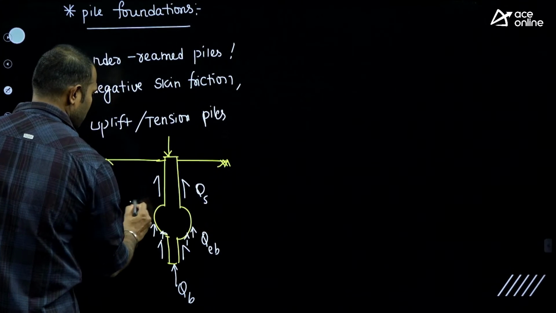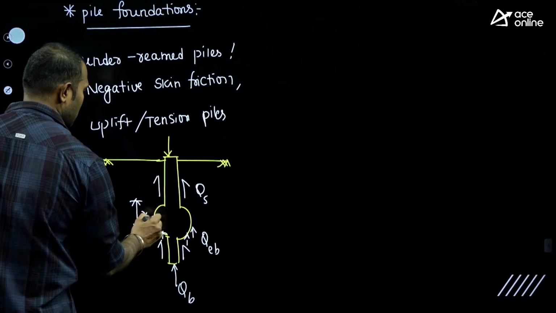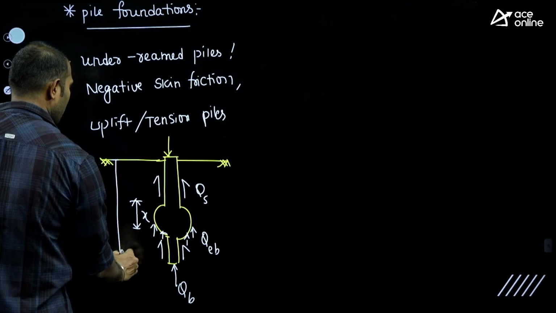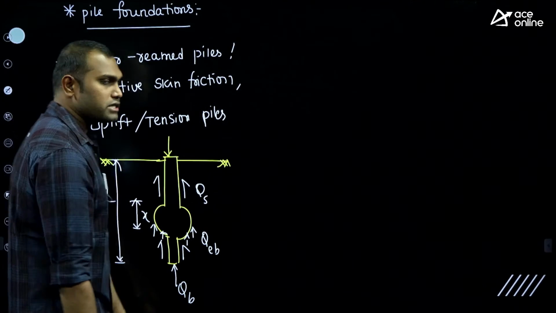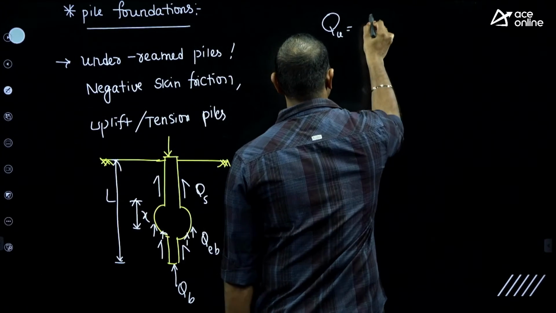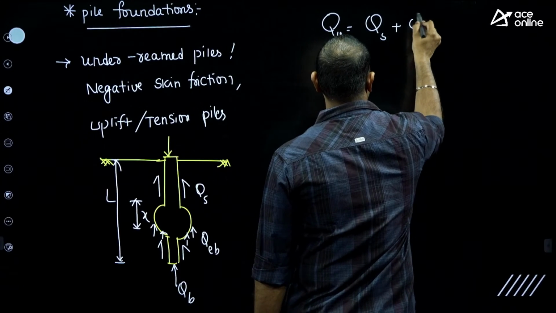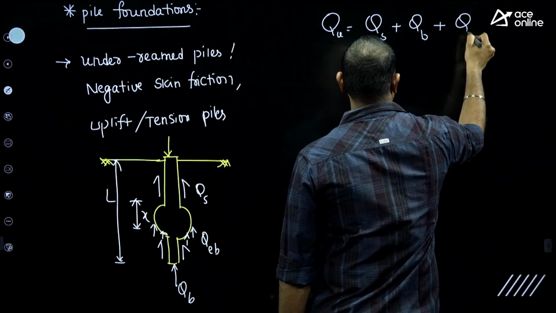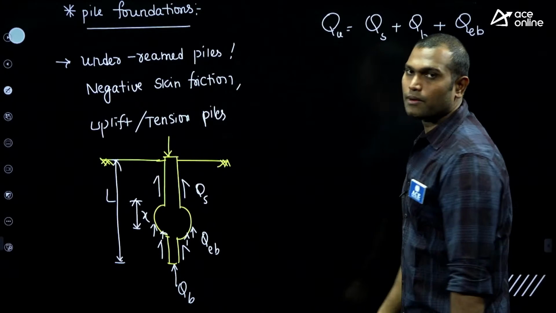This is QS. Let X be the length of the bulb and total length be L. The ultimate load carrying capacity of the pile is skin friction plus bearing resistance plus the bearing resistance at the bulb.